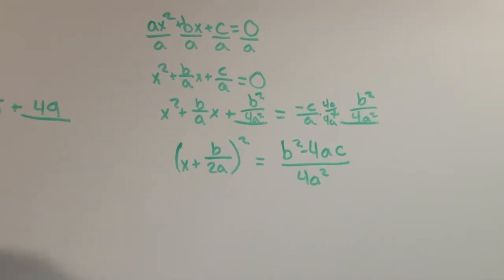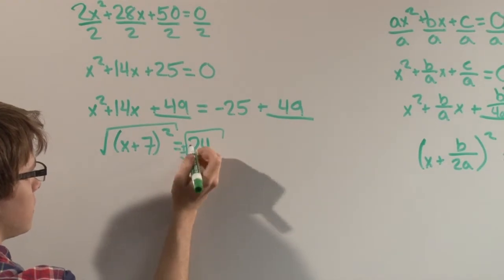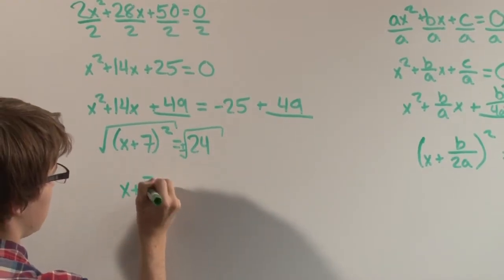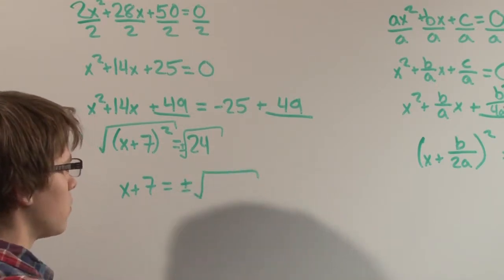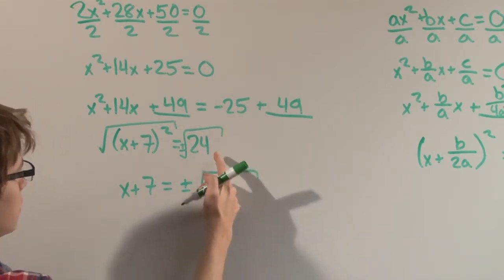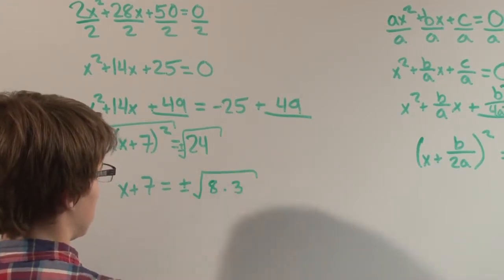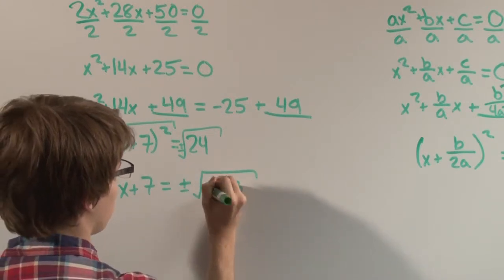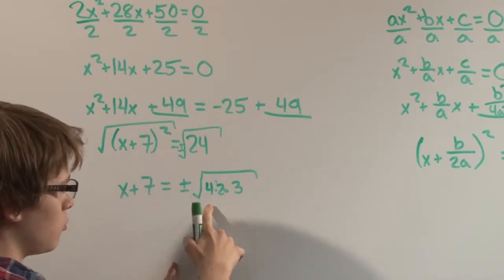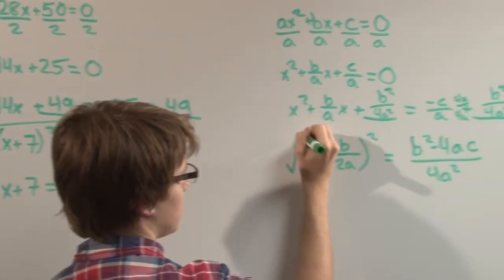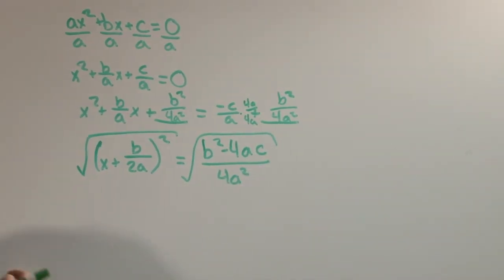So in this example, we take the square root of both sides. Make sure to make this plus or minus. So we have x plus 7 equals plus or minus the square root of 24, which, if we're going to simplify this, we turn it into 8 times 3, which is 4 times 2 times 3. And in the next step, I'll reduce that down. So then we take square roots of this side over here, just like we did back here.